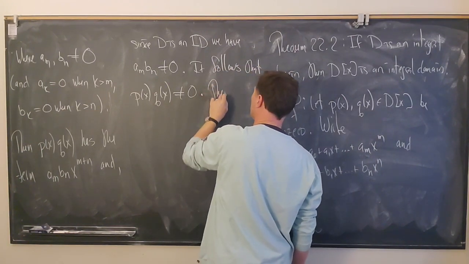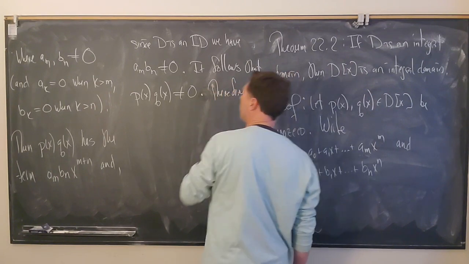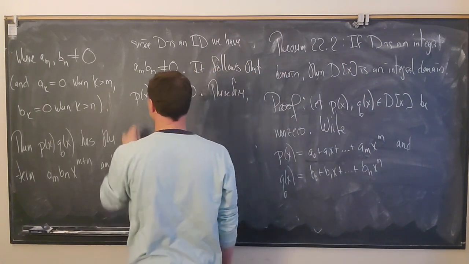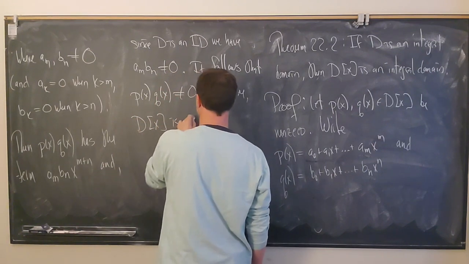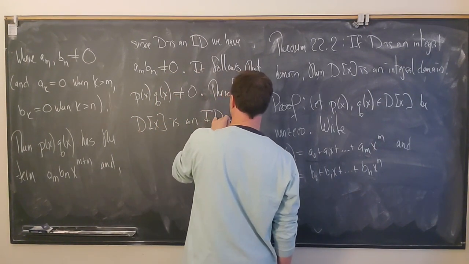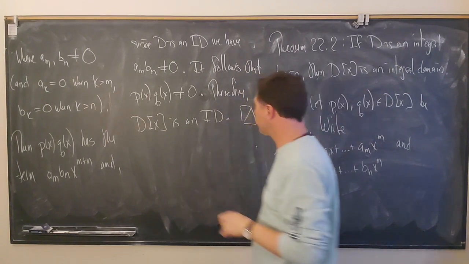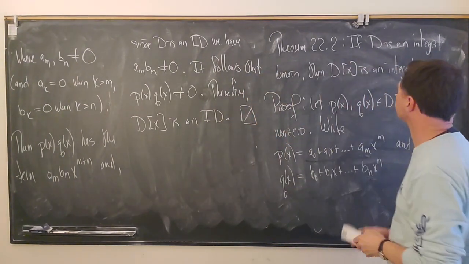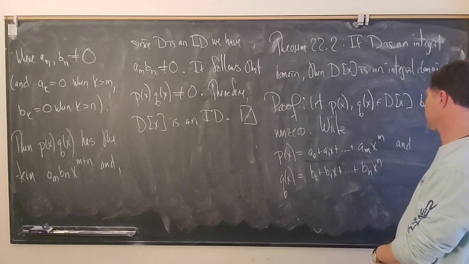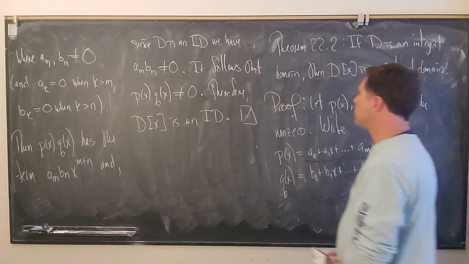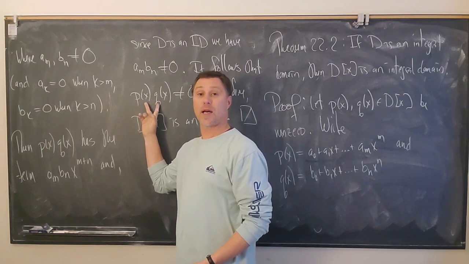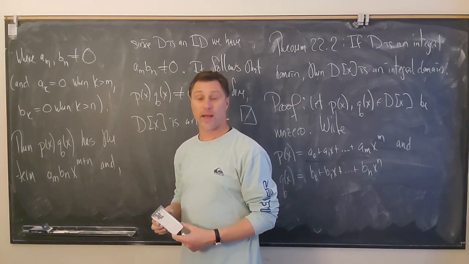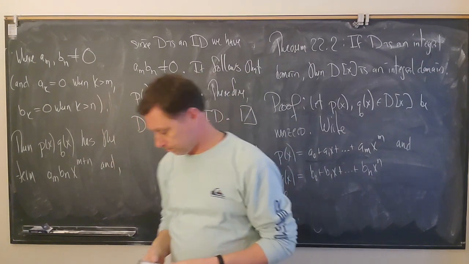And so, let's write a final sentence. Therefore, D bracket x is an integral domain. That completes the proof. We showed that anytime you take two non-zero polynomials, you get a non-zero polynomial, which means that D bracket x has no zero divisors.